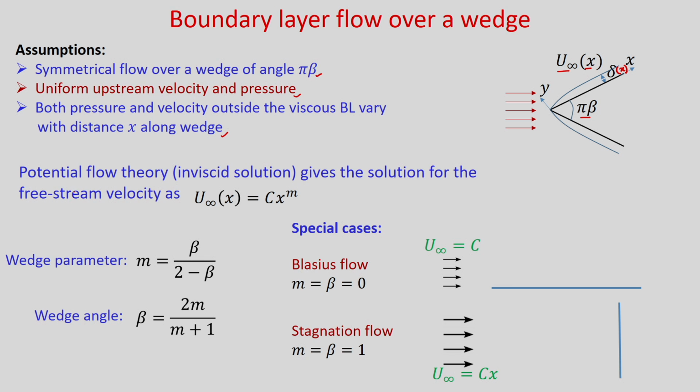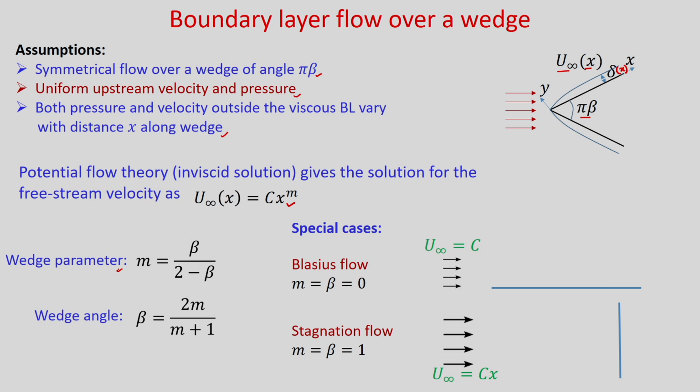So, potential flow theory, which is the inviscid solution, gives the free stream velocity as u infinity equal to c x to the power m. From fluid mechanics knowledge you know that from potential flow theory, this velocity u infinity will be some constant c x to the power m, where m is known as the wedge parameter.